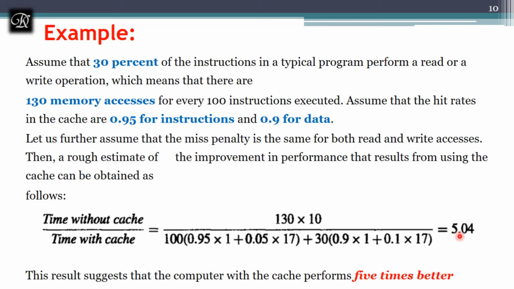Now we got 5.04. The result suggests that with the cache we improve the performance of the computer about 5 times compared to without cache. This is how, by introducing one level of cache, we can improve the performance by 5 times.